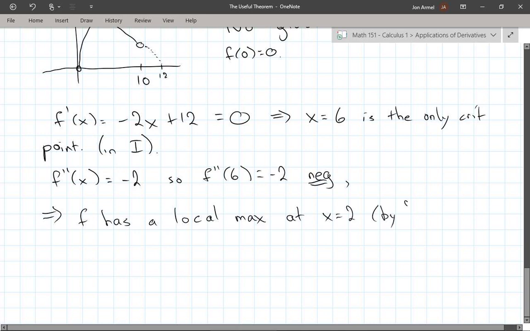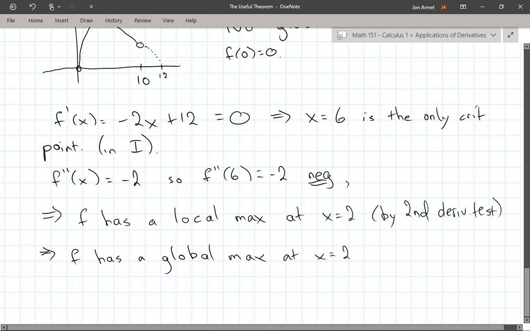That's by the second derivative test. And then once you know we have only one critical point, and that is a local max, the useful theorem says that is a global max. So we have a global max at x equals 6, and it's global by the useful theorem.